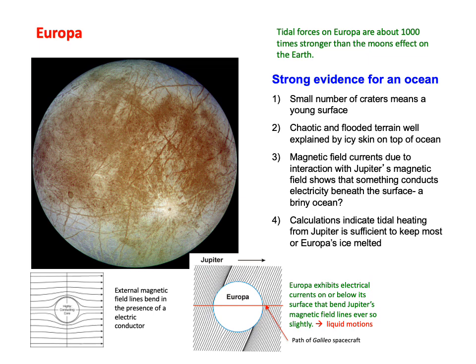Number two, there's chaotic flooded terrain, and if you take close-up images of these areas, they look very similar to the chaotic flooded terrain on the planet Earth. It's definitely an icy skin that's got liquid underneath it. And so the repaving would be some of this liquid coming up through the cracks and then flooding into floodplains.